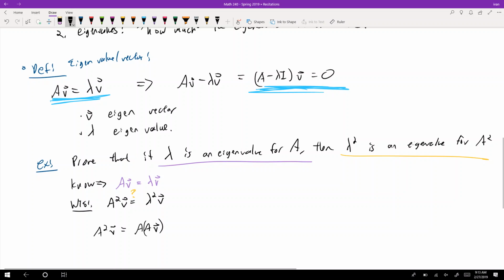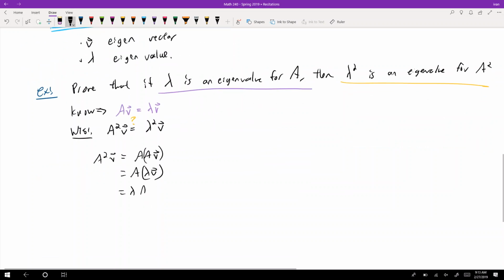But what is Av? Lambda v, right? We know that from our fact. So this is A times lambda v. All right, what is lambda? Lambda is an eigenvalue, it's just a scalar, right? So I can pull out the lambda in front. So this is now lambda times Av. But what is Av? Lambda v. Right, so now I got lambda times lambda v, which is equal to lambda squared v.